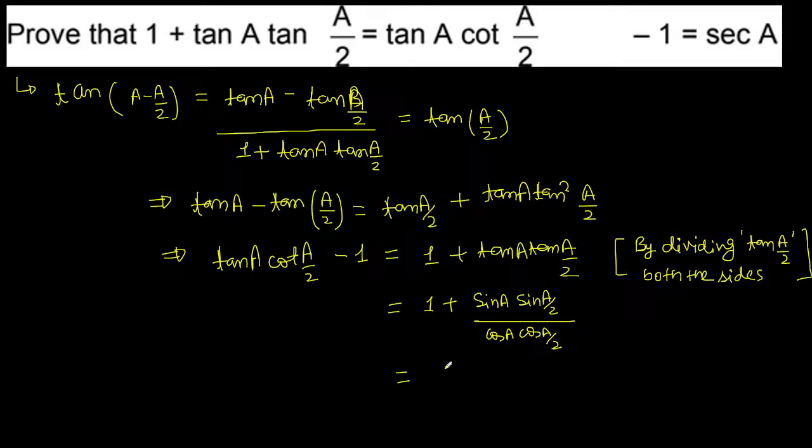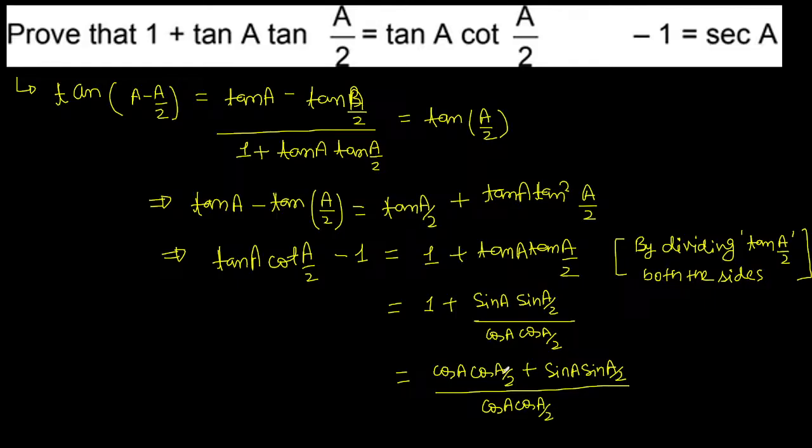On taking LCM, we are getting (cos a cos a by 2 plus sin a sin a by 2) whole divided by cos a cos a by 2.